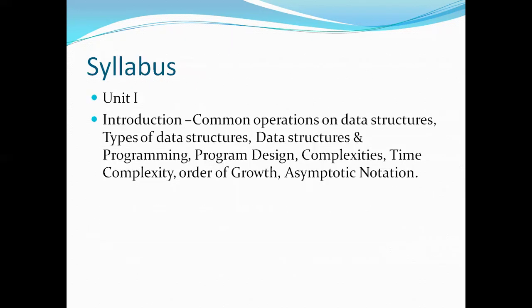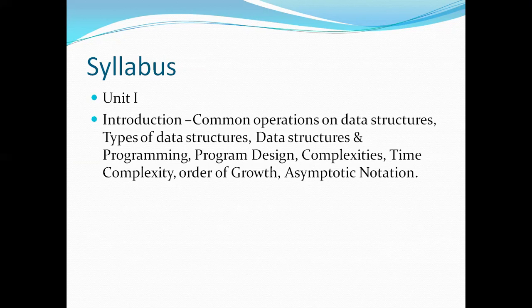The first unit is the introduction: common operations of data structures, types of data structures, programming, how to design a program, and different complexities in terms of time complexity and space complexity. Mainly we will focus on time complexity only.